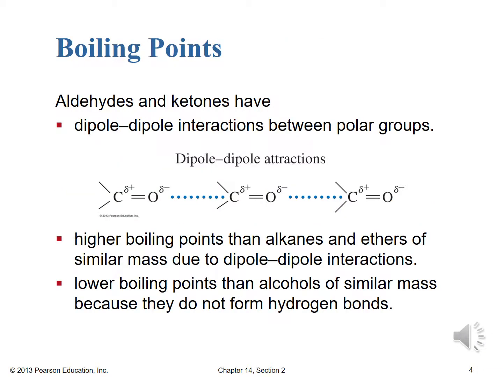Okay, so as we said, we have these dipole-dipole interactions between these polar groups, these carbonyls. The neighbors align so that a partial positive on one neighbor aligns well with a partial negative on the other, and so on. As a result, we see higher boiling points than alkanes and ethers of similar mass, because those substances don't have significant dipole-dipole interactions, just temporary dipoles, London or dispersion forces as they're called.